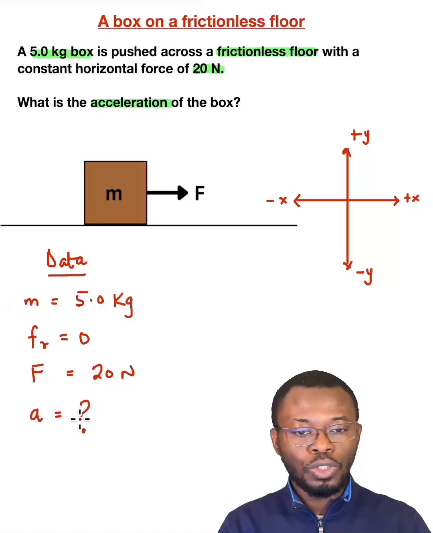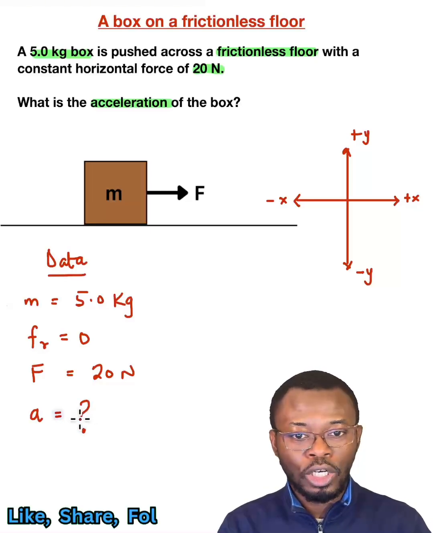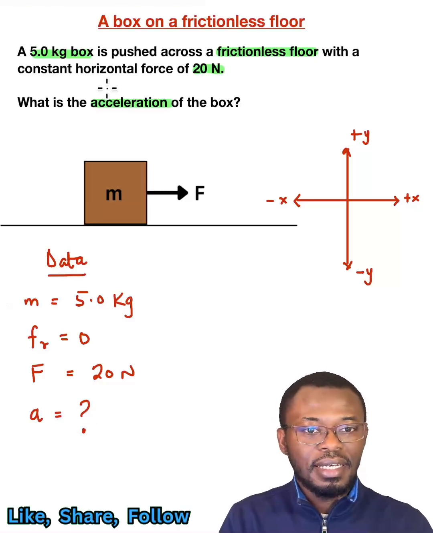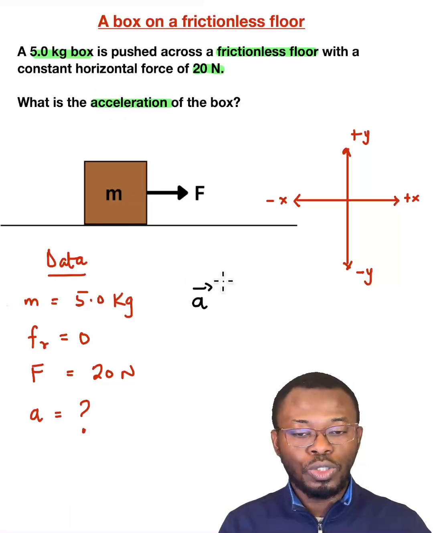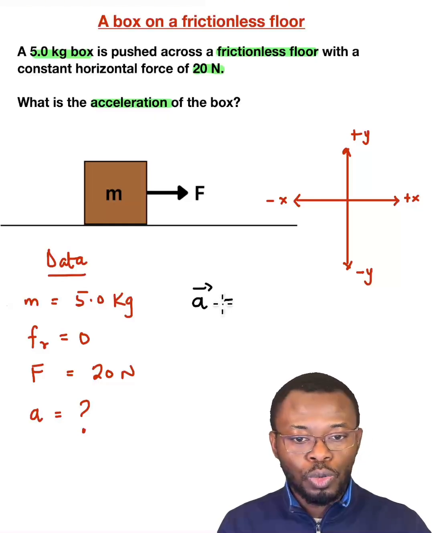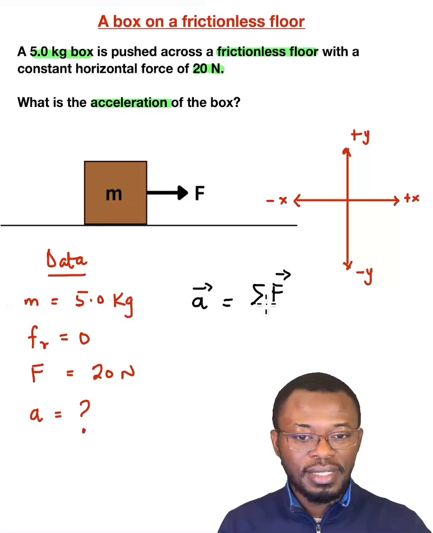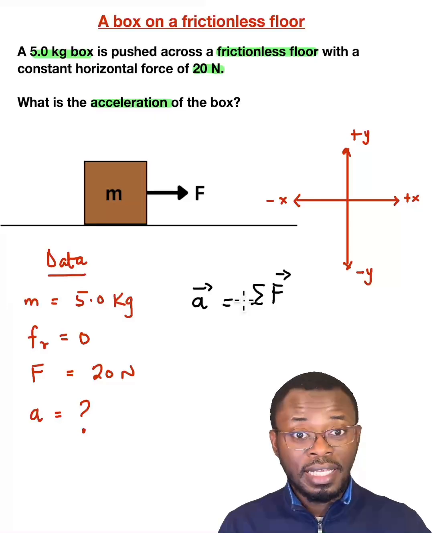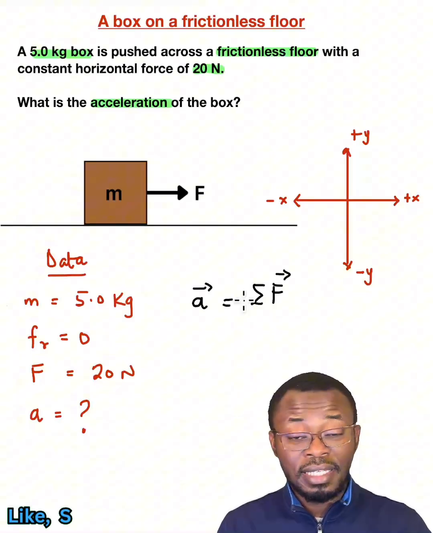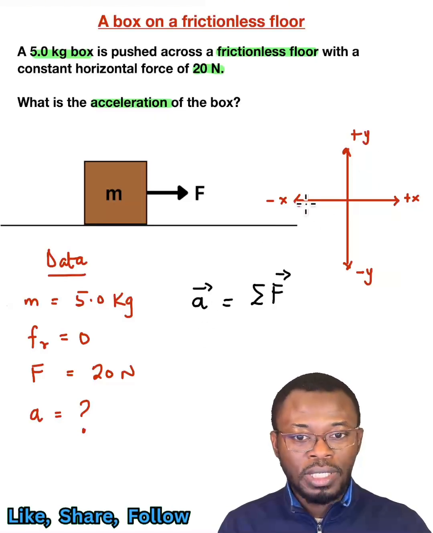What we need to apply here is Newton's second law, which says that the acceleration of an object, which is a vector quantity, so it has both magnitude and direction, is equal to the net force acting on the block. The summation sign means that we are summing all the forces on the block in a specified direction. That is the reason why you need to have your coordinate system.